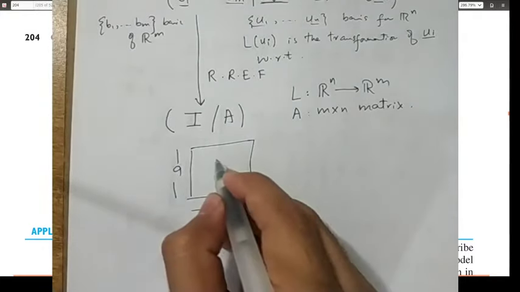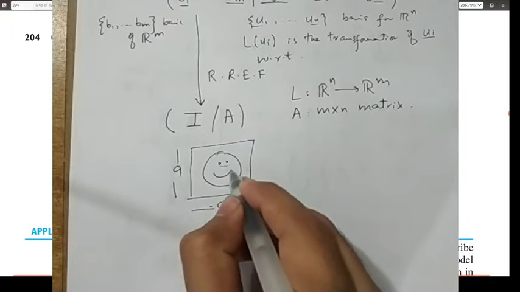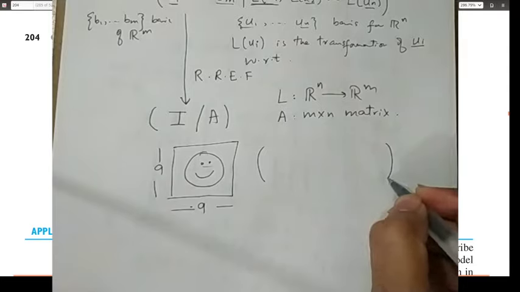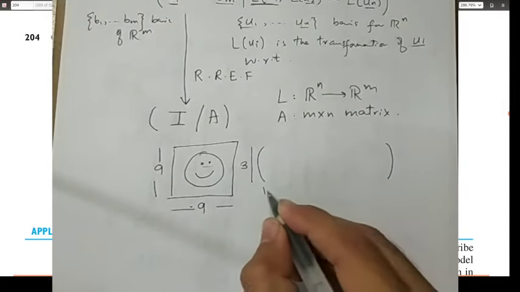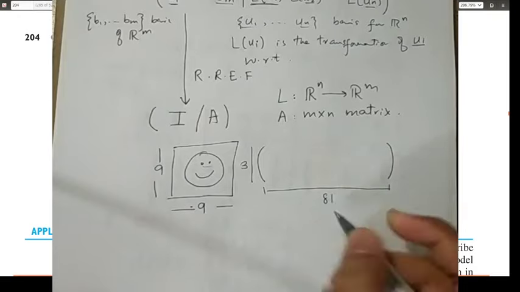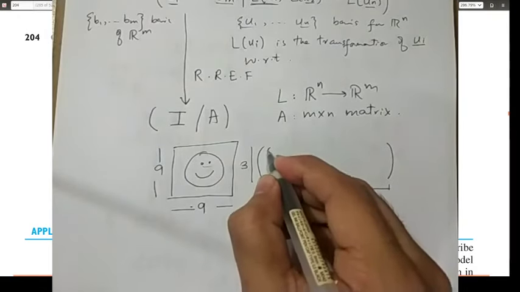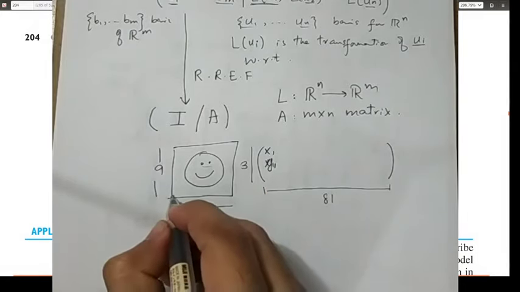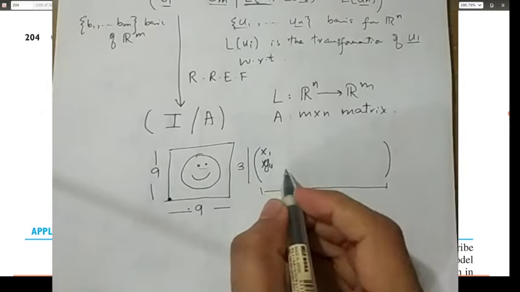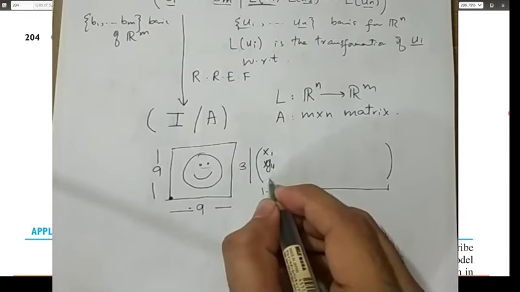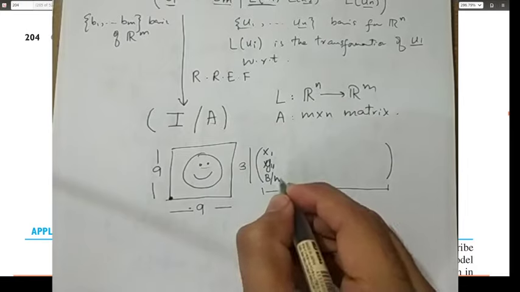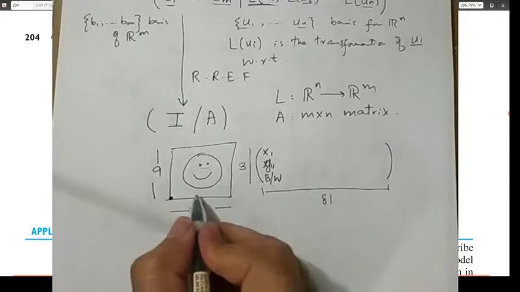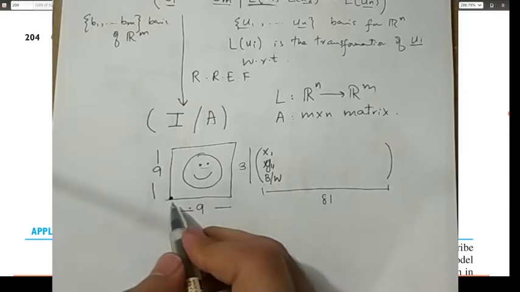And if you have some image, then you can represent this by a 3 by 81 matrix, 3 rows and 81 columns, where the first 2 rows give me the x and y coordinate of the pixel, and the last row tells me whether this is black or white. So if it's black, maybe 1 is stored, and if it's white, 0. So the way this image will be stored in your computer is using this matrix.